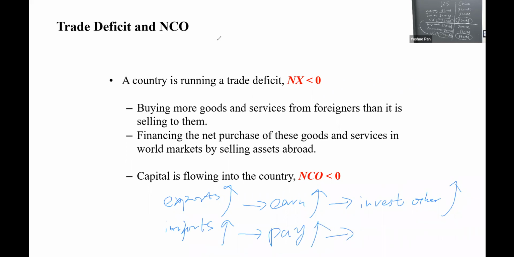If other countries get your currency, like US dollars, they cannot spend that in their own country. They have to use those US dollars to invest in the United States. So if the United States is invested in, foreigners hold some domestic assets, and NCO is smaller than zero.